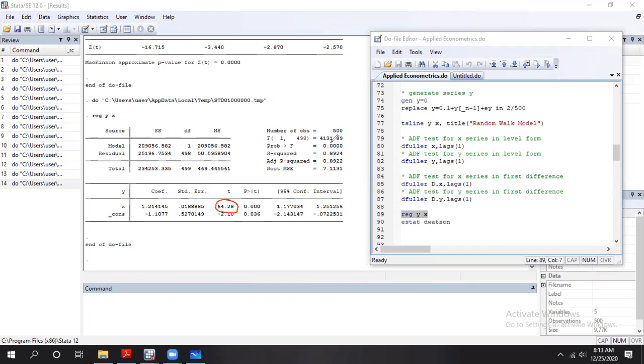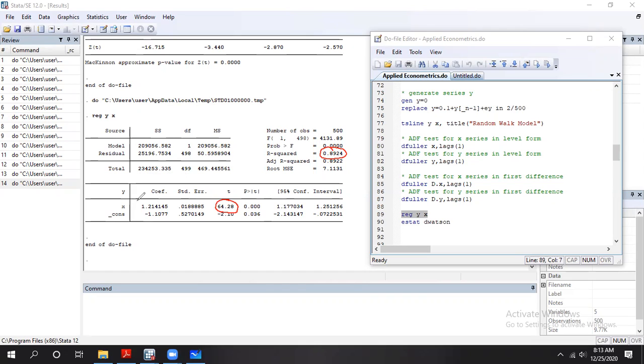Also, we can see that the R square is quite high, 0.8924. This should not happen. Why? Because Y and X were generated randomly, and Y and X are independent.